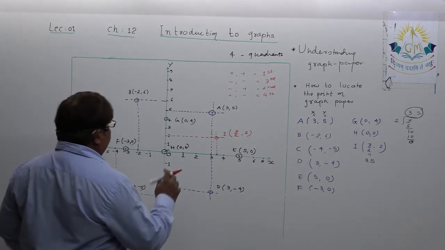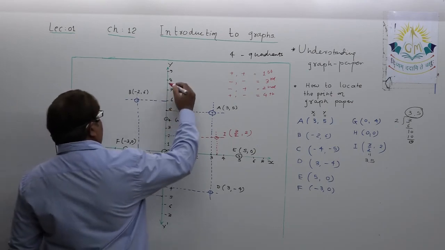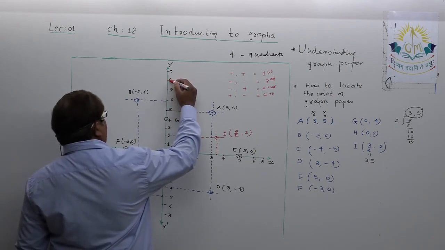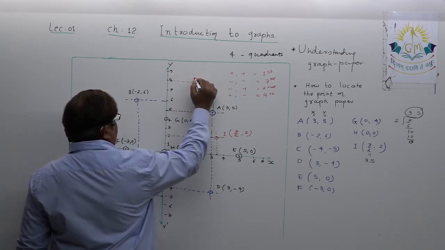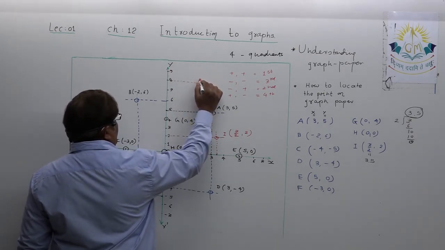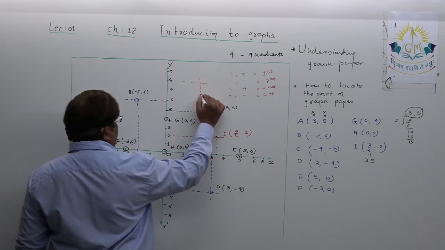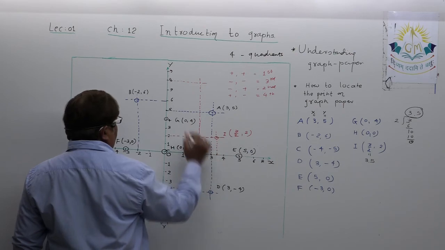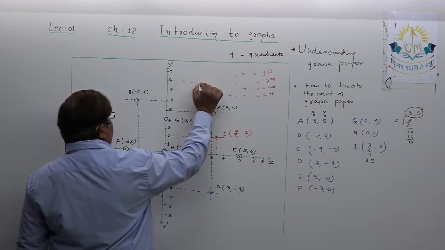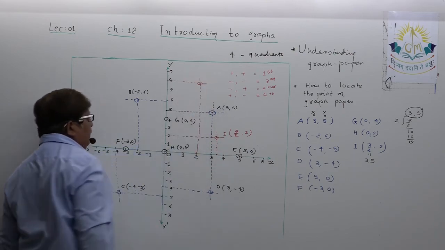Please concentrate. Suppose I draw one dotted line from here and I draw one dotted line from here. And suppose here is the intersection.